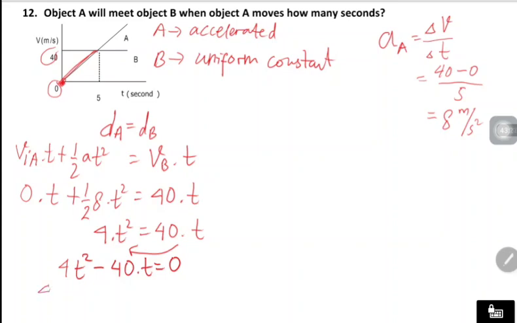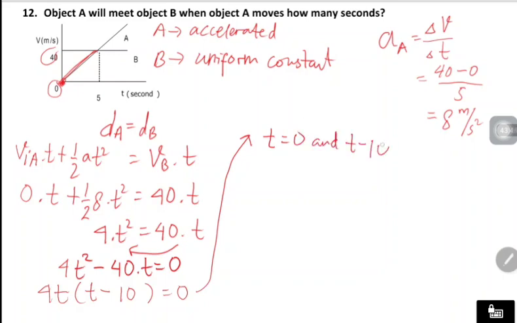We factorize this equation: 4 times t, and in the bracket t minus 10. So we get two values: t equals 0 and t minus 10 equals 0.